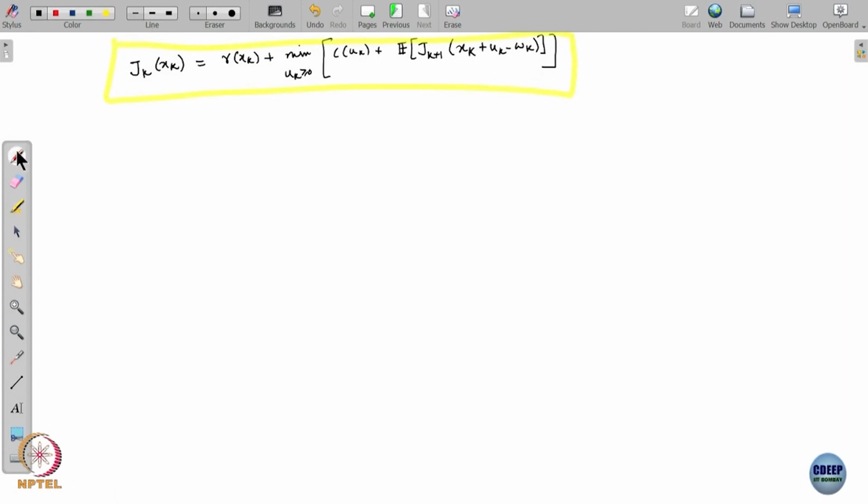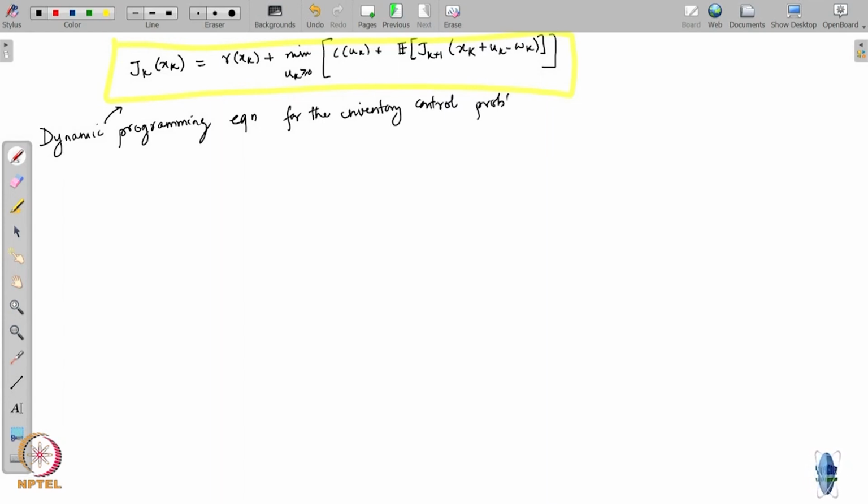This is what is called the dynamic programming equation for the inventory management problem, for the inventory control. So, this is the dynamic programming equation for the inventory control problem.